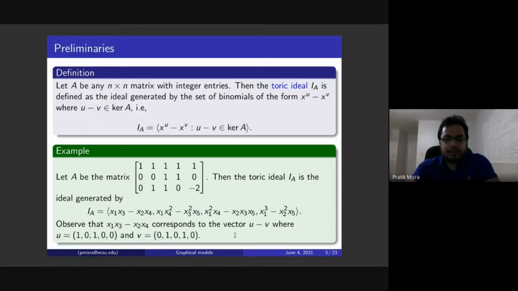If you look at u minus v, it would be 1, minus 1, 1, minus 1, 0, and the product A times (u minus v) is 0.